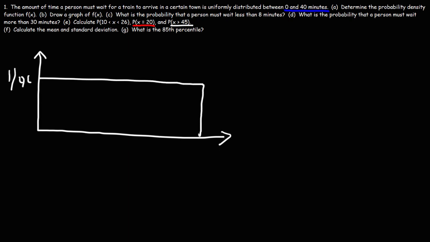So let's go back to our graph. Now let's break this up into 4 equal parts. The mean is 20. The minimum, 0, is basically the 0 percentile. The mean is at the 50th percentile. And 40, which is the maximum, is at the 100th percentile. 10 is at the 25th percentile.